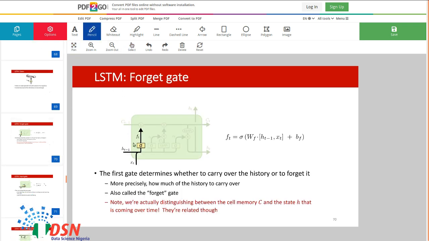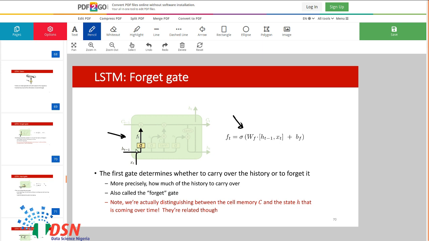Okay, so the first thing in the LSTM block is the forget gate. We have x of t and the previous hidden state, and we pass them through a sigmoid gate, as you could see in here, and it determines how much information the cell wants to carry over, or how much it wants to forget the past.